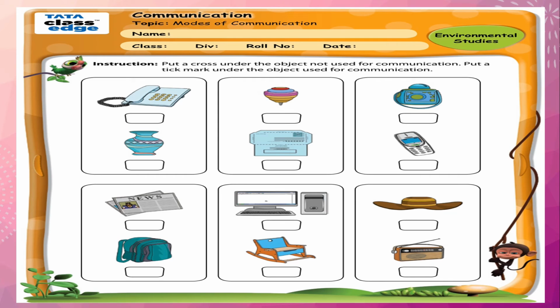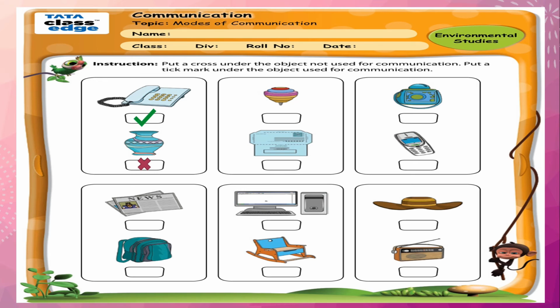Worksheet number 3. Worksheet number 3 says, put a cross under the object not used for communication. Put a tick mark under the object used for communication. So we use telephone for communication, so we will put a tick. And vase, we don't use vase for communication, so we will put a cross. In the next picture, you can see a top.